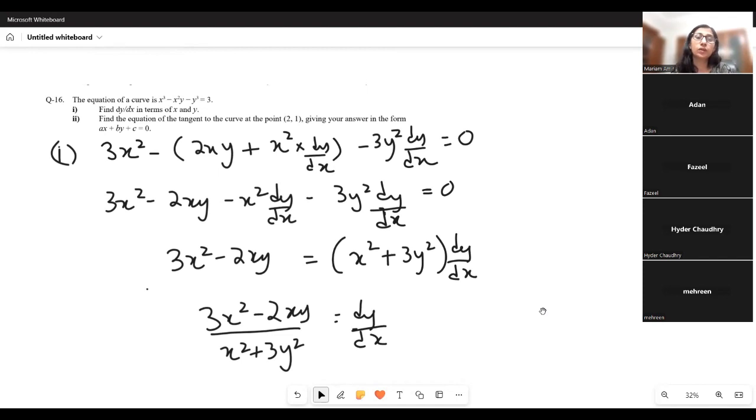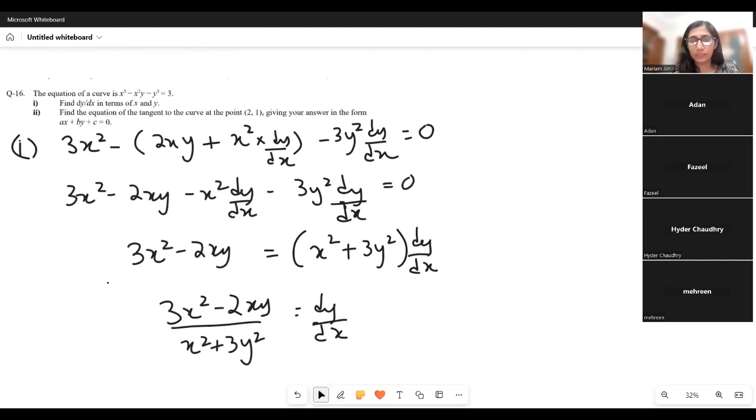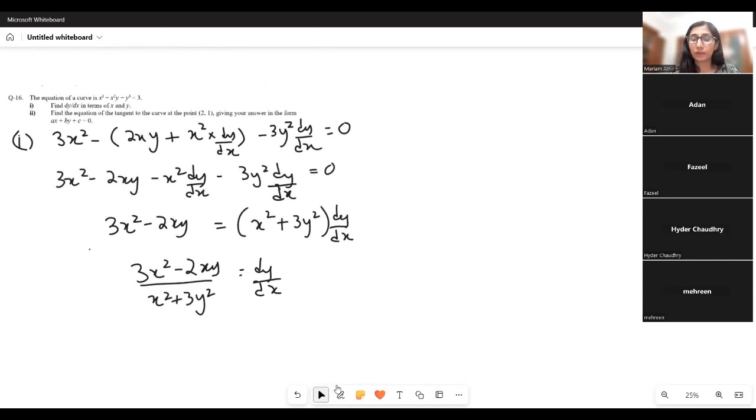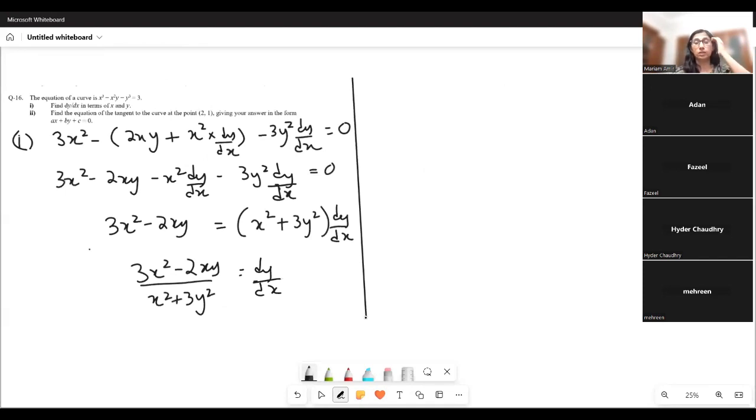Part 2 says find the equation of the tangent to the curve at 2, 1, giving your answer in the form ax plus by plus c equals 0. So now we have to write y equals mx plus c. We already know the expression for dy over dx, so we just have to substitute 2, 1 in it.